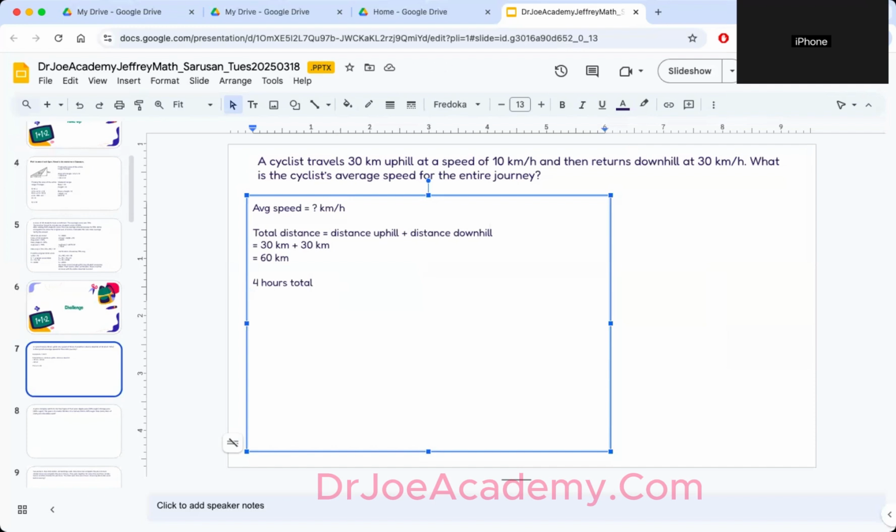Because it took him 30 kilometers to get up and he went 10 kilometers per hour. Yep. And then after that 1 hour to come down because he rode at 30 kilometers an hour, so 3 plus 1 is 4. Okay, but where'd you get 3 and 1? From the 3 hours spent going up and the 1 hour spent going down.